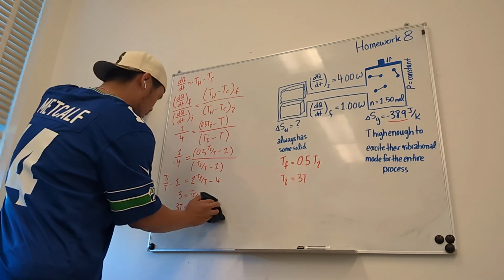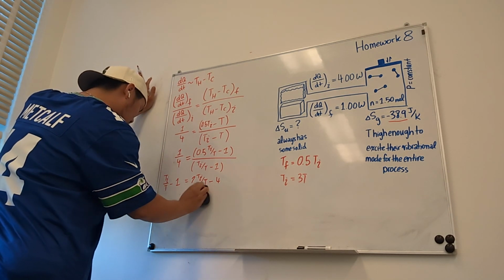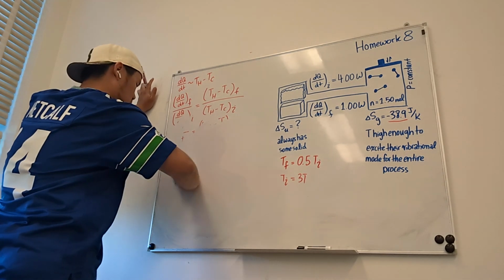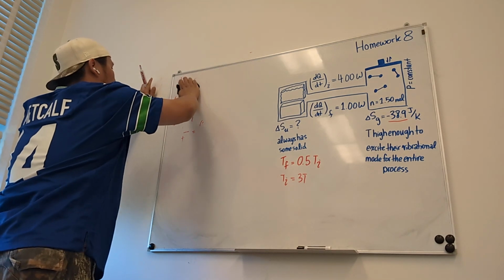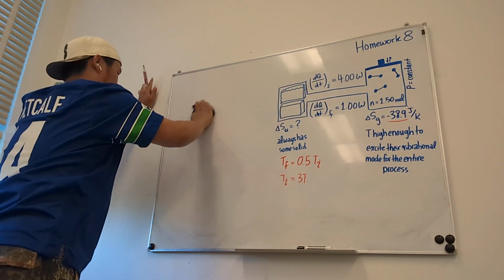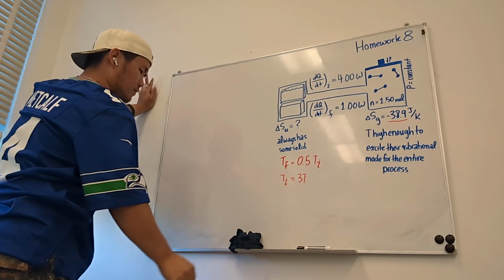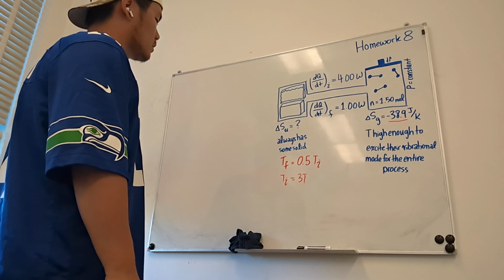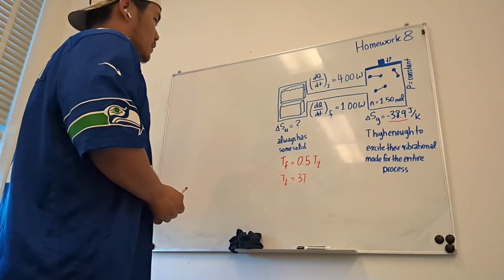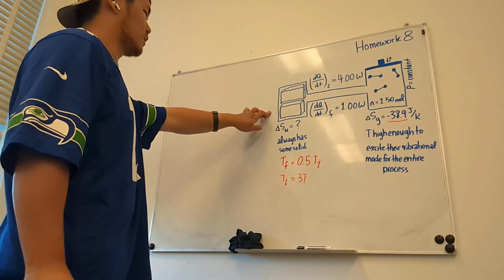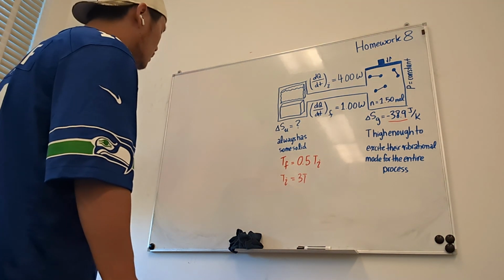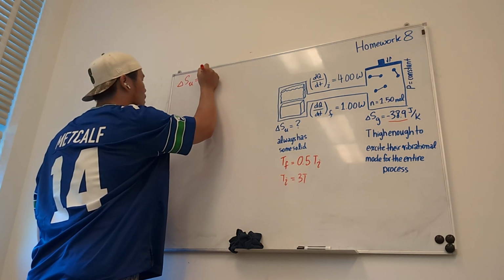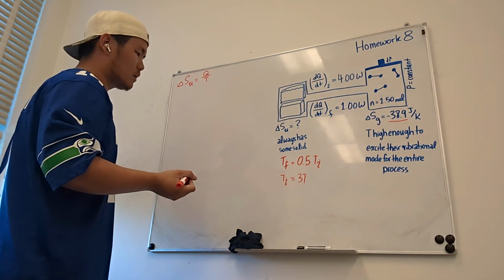Great, okay. Now, what can we do with that? Well, what's the equation for this if we know it's isothermal? Delta S U is equal to Q over T. Great.